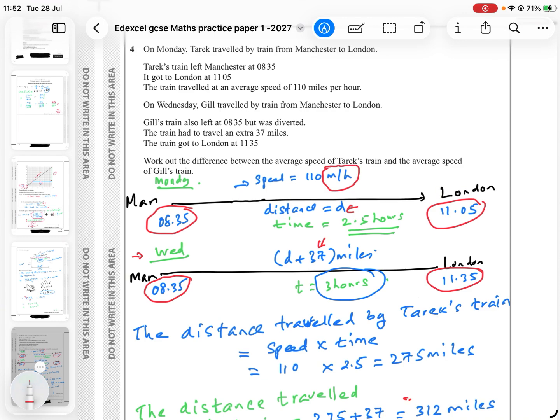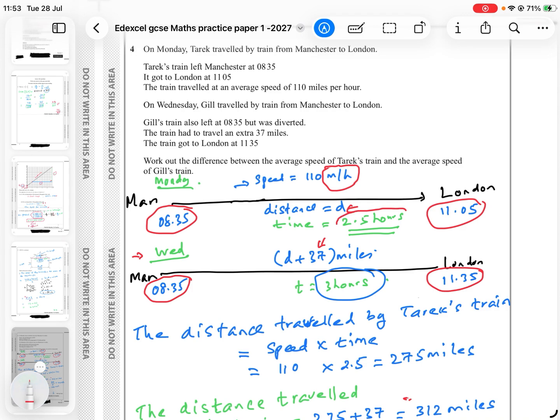the speed of Tariq's train is 110 miles per hour. The time taken by Tariq's train to travel from Manchester to London is 2.5 hours.